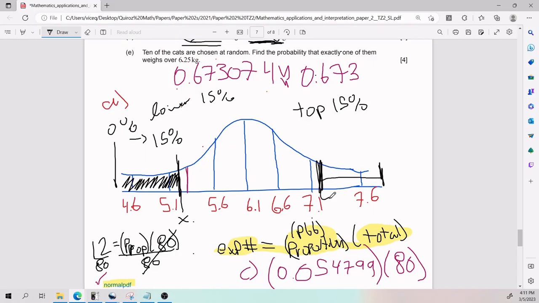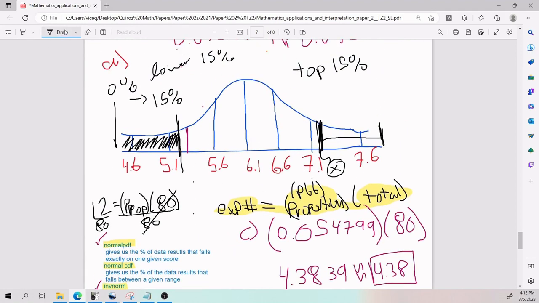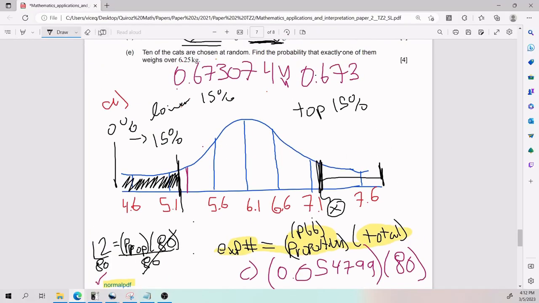And this value of X is the one we're actually looking for, not the one that I have on the left, the one on the right. And so, why is it useful that I know that this area on the left side is 15%? Well, because if I do 1 minus this 15%, which is the same as doing 1 minus 0.15, I end up with 0.85.